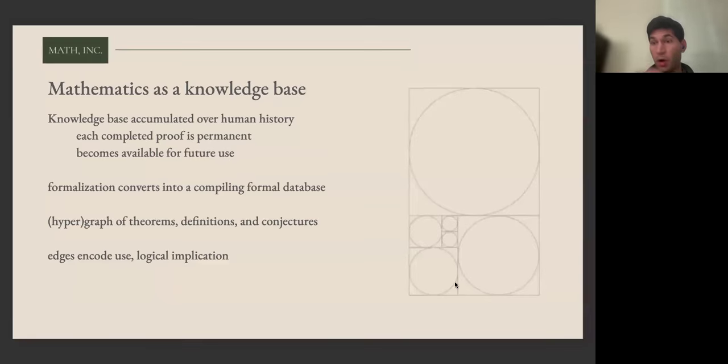As we've seen with the dependency graphs, the artifacts are a graphical structure that we're encoding using theorems and definitions, and also conjectures, which are nodes that have yet to have a proof, where the edges between these nodes encode the dependencies and the logical implications between these things.